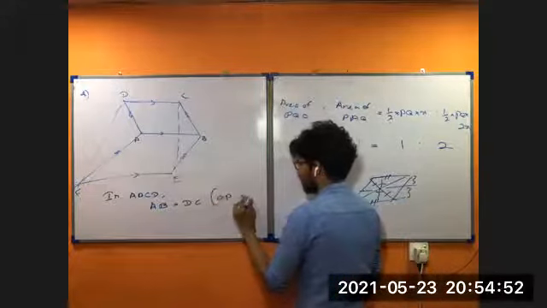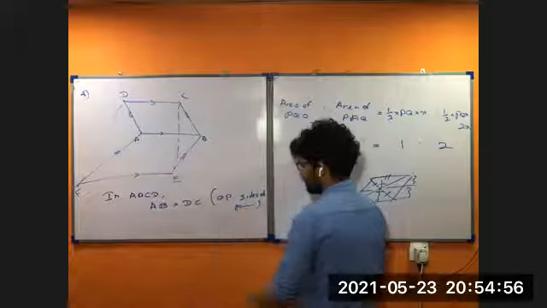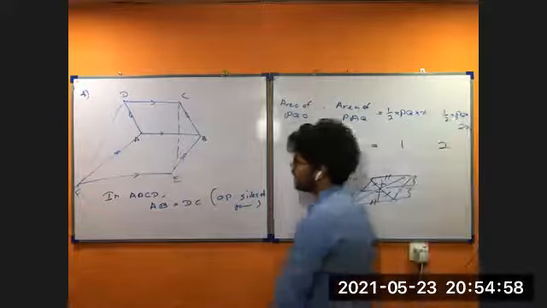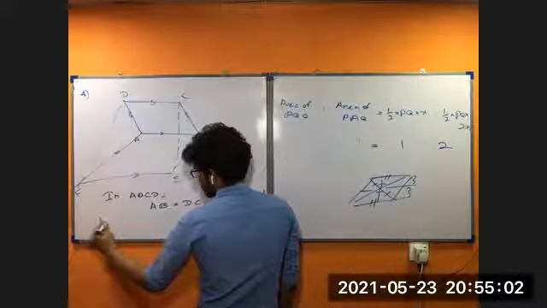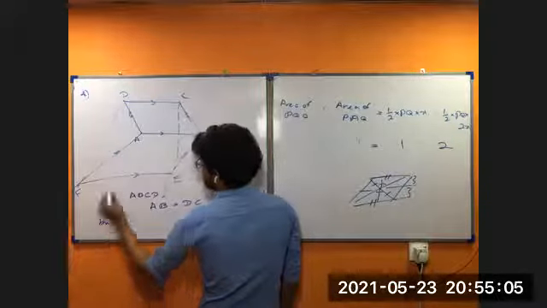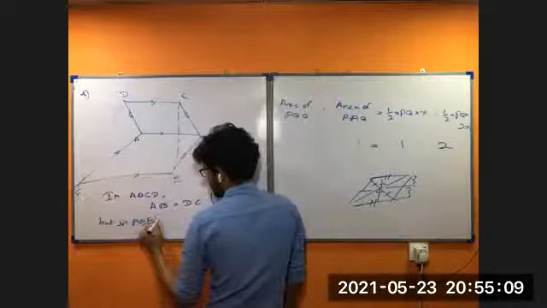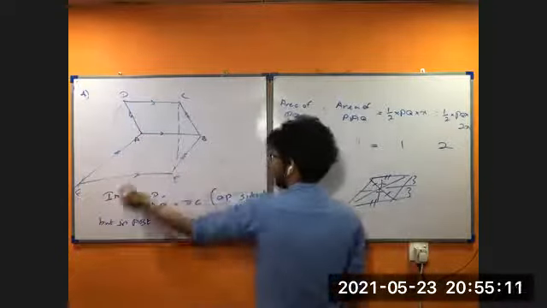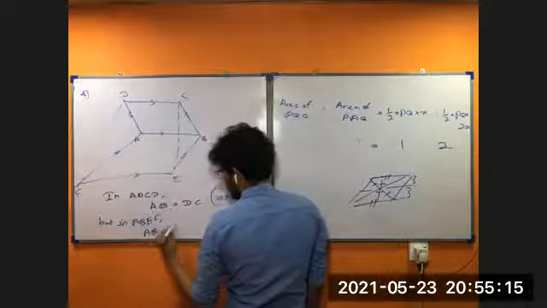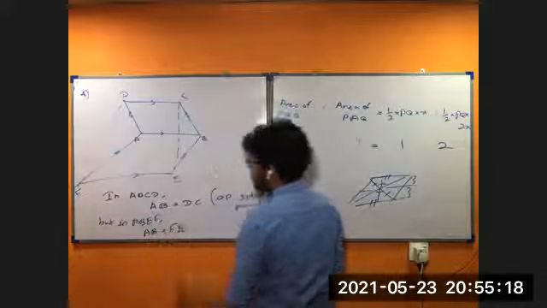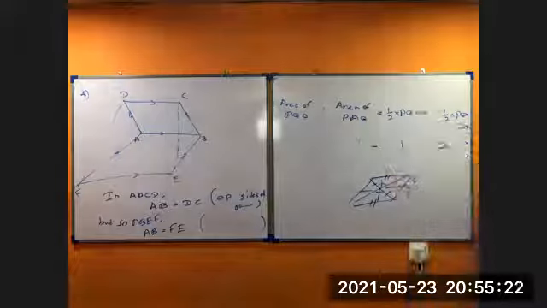Opposite sides of a parallelogram are equal. Then in parallelogram ABEF, you can say AB is equal to FE, same reason.